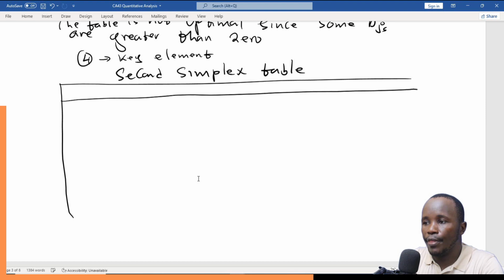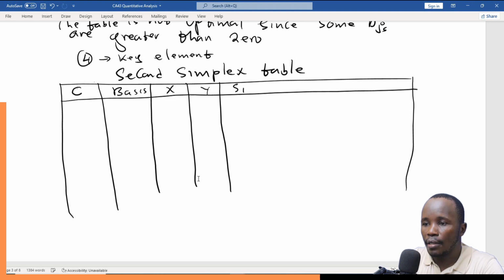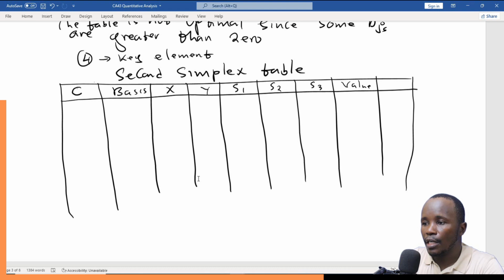The letters on top are not going to change, meaning that I will still have my C, which is my contribution. I will still have my basis. I will still have my X, my Y, my slack 1, slack 2, and slack 3. I will have my value, and I will have my ratio.